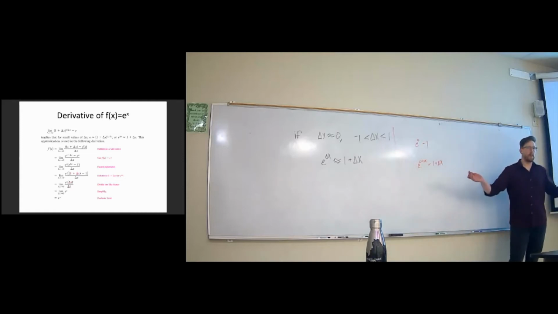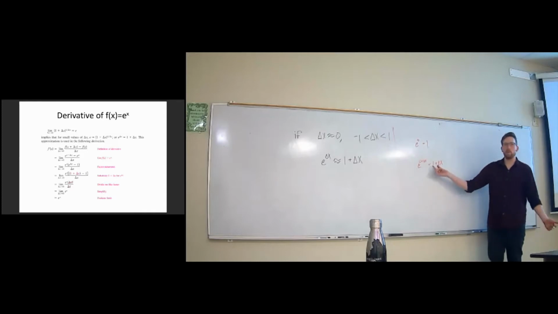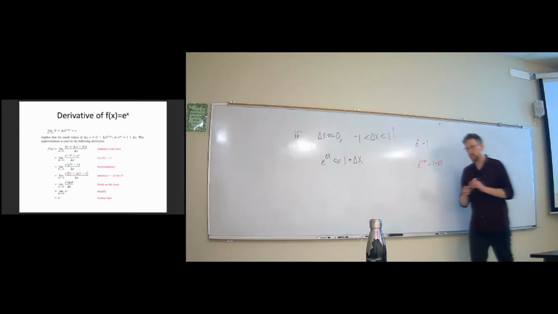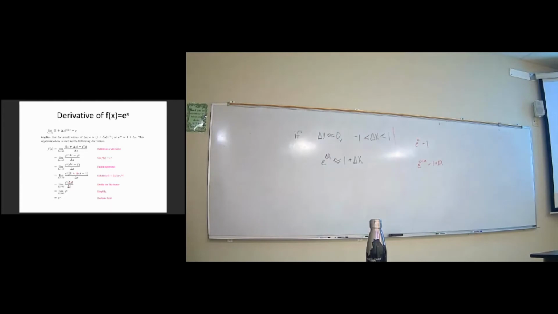And that's what's happening intuitively, right? If this is a small number plus 0, then it's about 1 plus another small number. If you pick a small enough delta x, they're practically the same things. And that's what they're doing here. That is how we are moving from this line to this line.